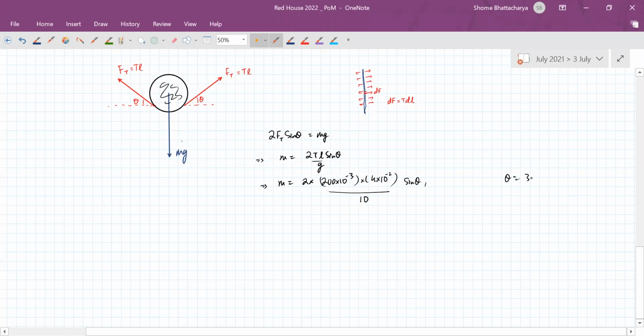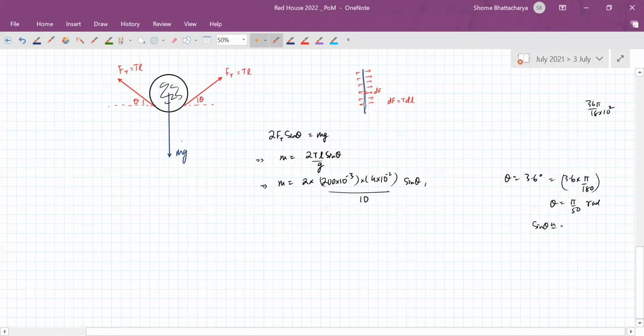Now theta, which is 3.6 degrees, is how much? 3.6 into pi by 180. That's correct. So pi by 50 radians. So it's a small angle.